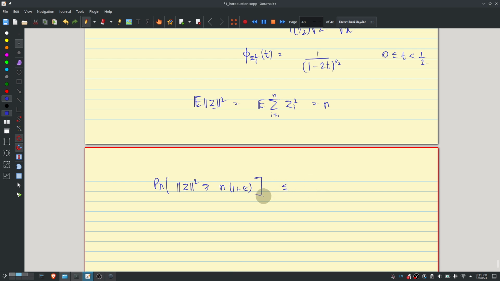What does the Chernoff bound tell us? I can write this as the same as the probability that 1 over n summation i equal to 1 to n zi square minus 1 is greater than or equal to epsilon.